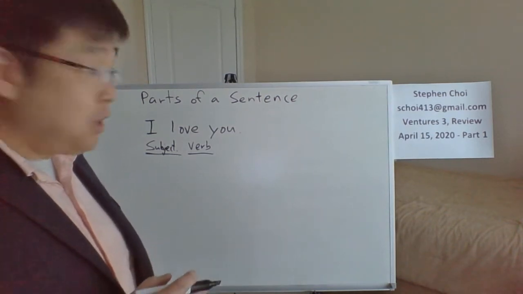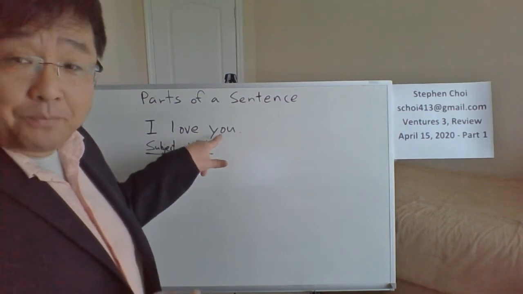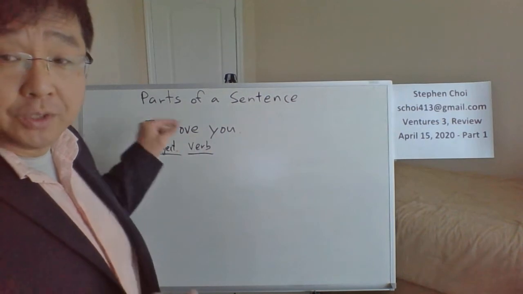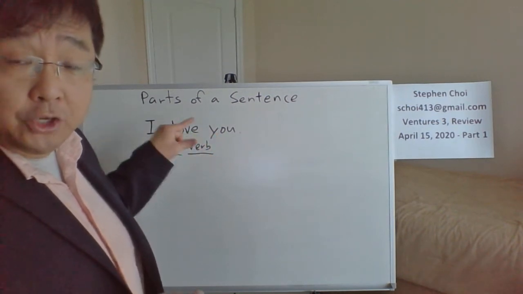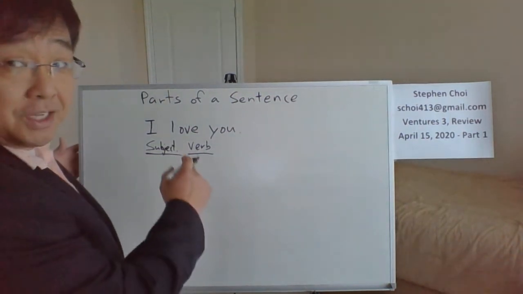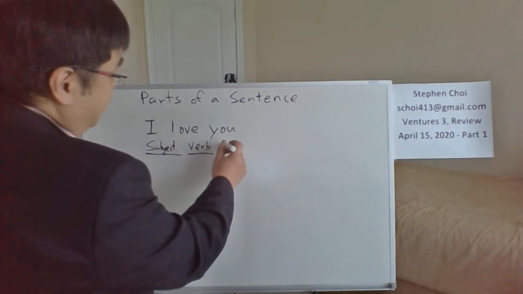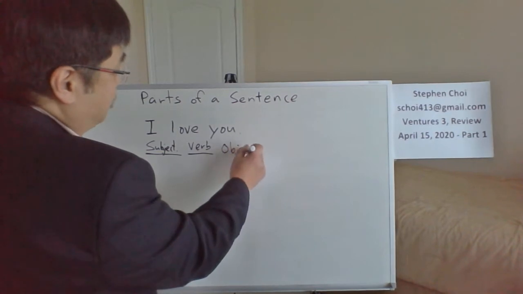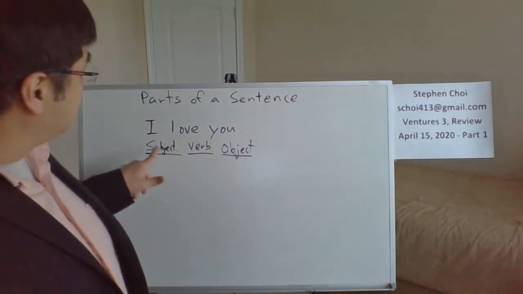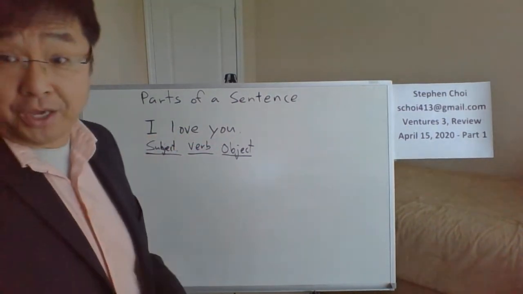I'm asking, what is that part in this sentence? How is that pronoun you being used? What is the function in this sentence? Yes, it's an object. So I love you is subject, verb, object.